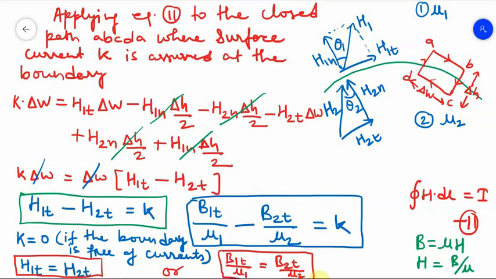Thus the tangential component of H is continuous, while that of B, the magnetic flux density, is discontinuous at the boundary when we assume K equals 0, that is, the boundary is free of current.